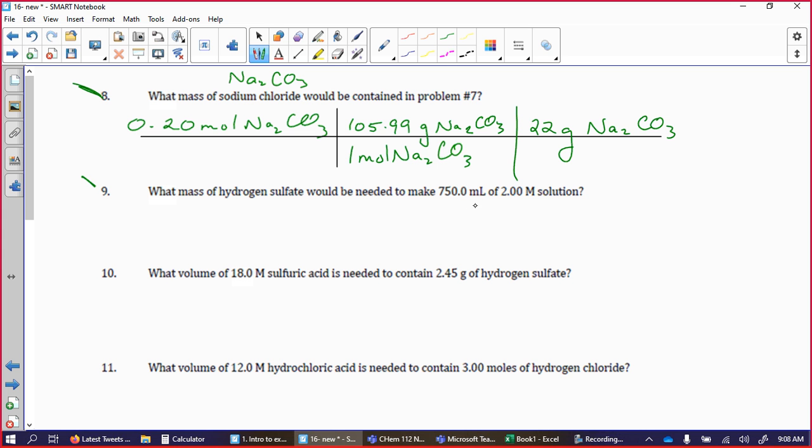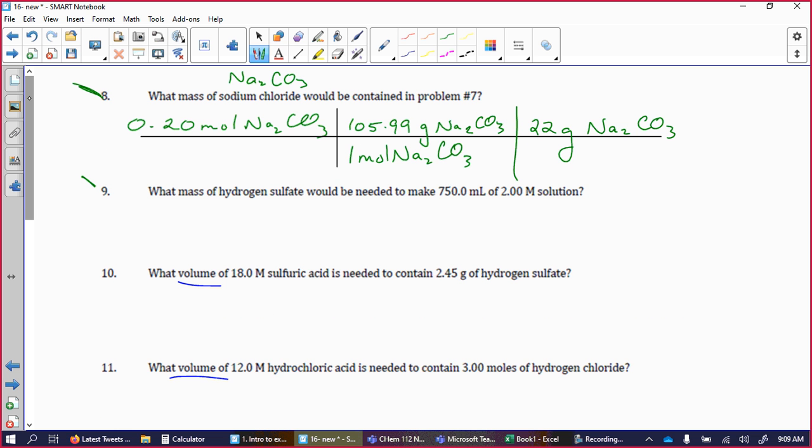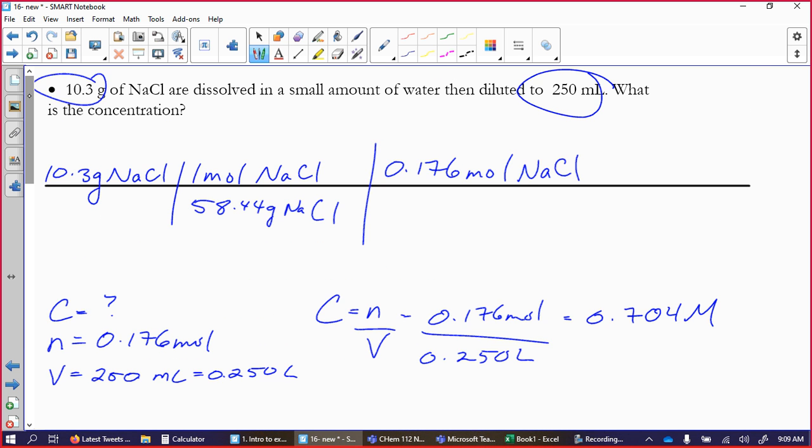What mass is needed? Find moles, convert to grams. That's a find a volume. How many grams are needed to find moles? Like the questions are not meant to be tricky.